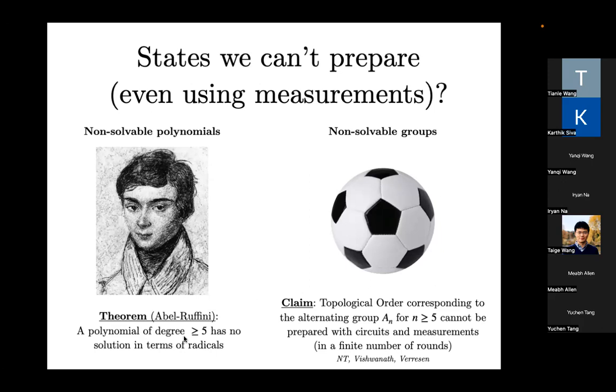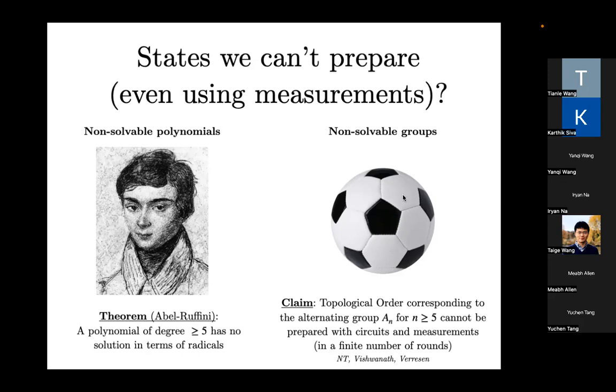And so similarly, there are certain groups that are too complicated to be prepared using measurement. And so the claim is that, for example, pick this alternating group, A_N. So I guess I'm not comparing Galois to a soccer ball, but the soccer ball has symmetry A5, which is permuting 5 elements with an even number of permutations.